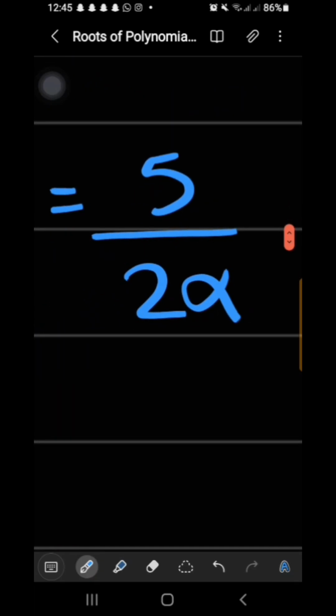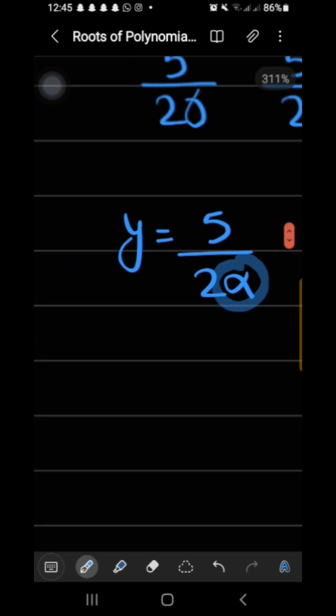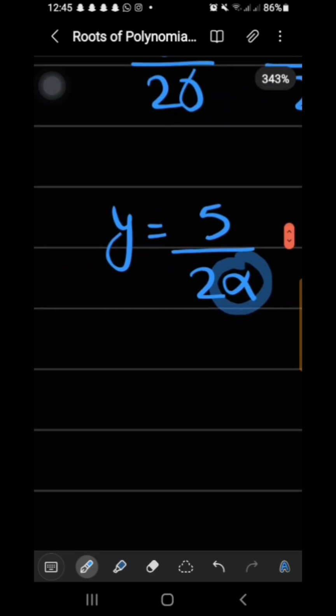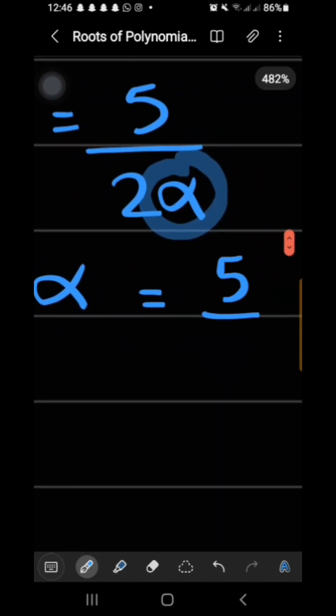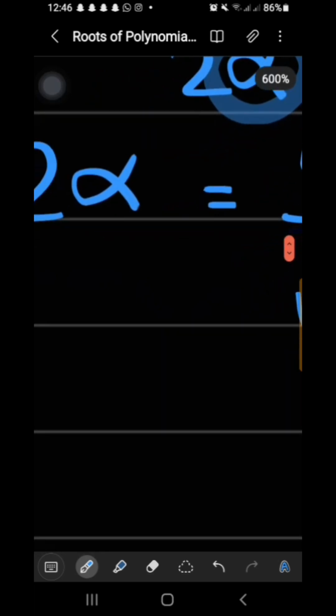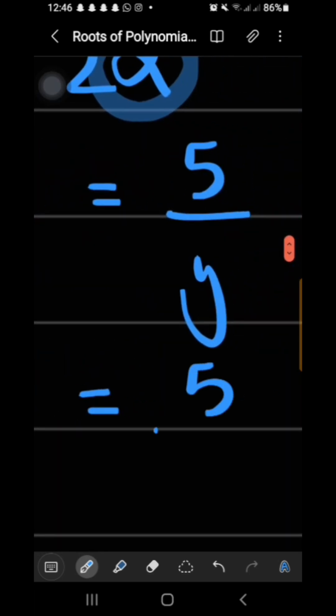And now we have to make alpha the subject. So here we'll do this. 2 alpha is equal to 5 divided by y, and through alpha we will get 5 divided by 2y.